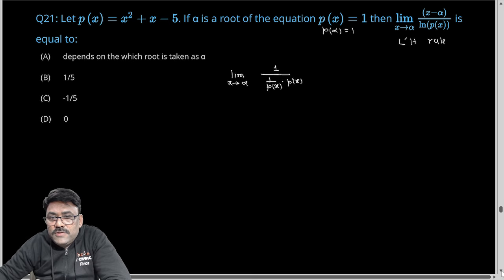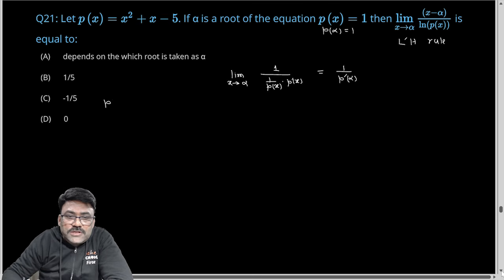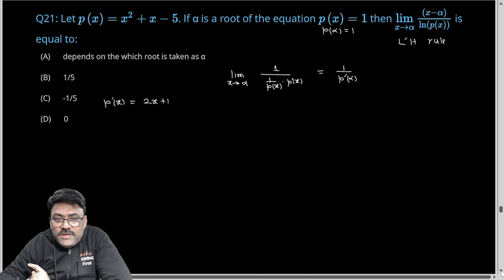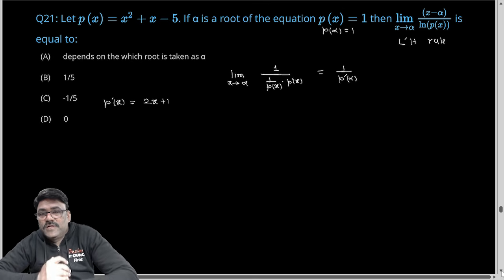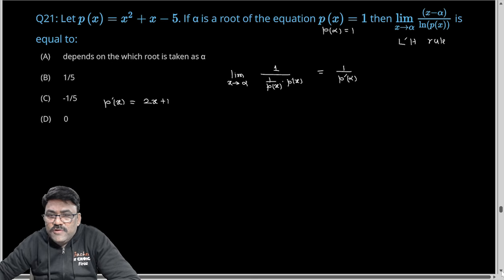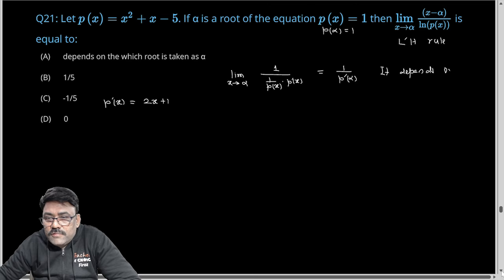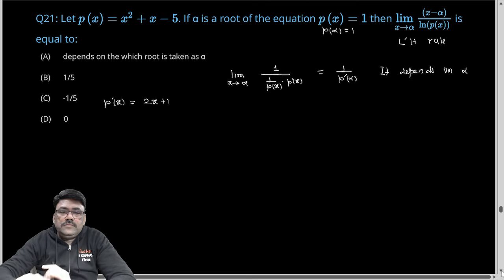So you are getting the limit as 1 by P dash alpha. And P dash x will be 2x plus 1. So obviously it depends upon the choice of the root, since it is in terms of alpha. It depends on alpha, which means option A.